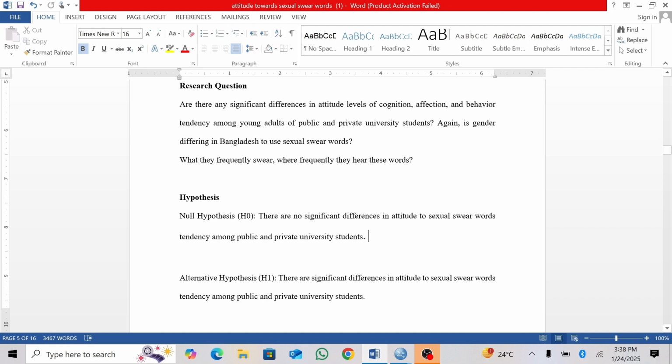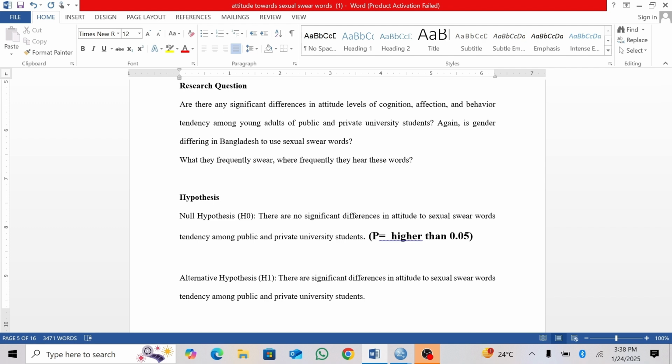are significant differences. Now we have to know what the null hypothesis means in terms of the alpha value. Okay, p equal to 0.05, and it will be p higher than 0.05 for the null hypothesis.